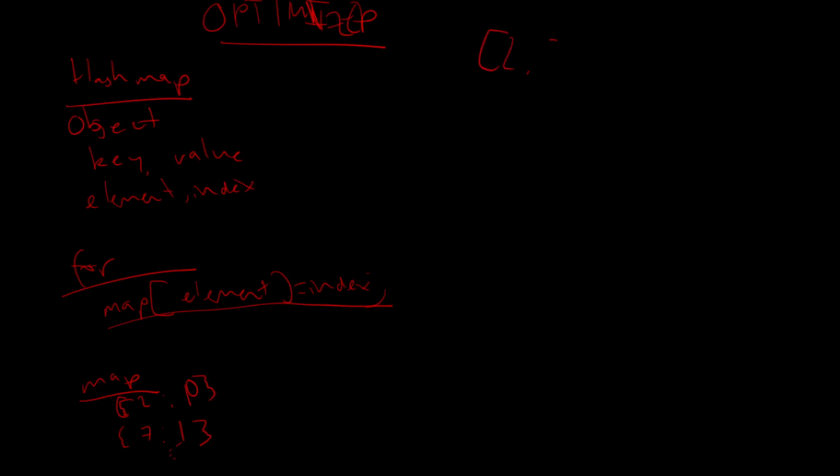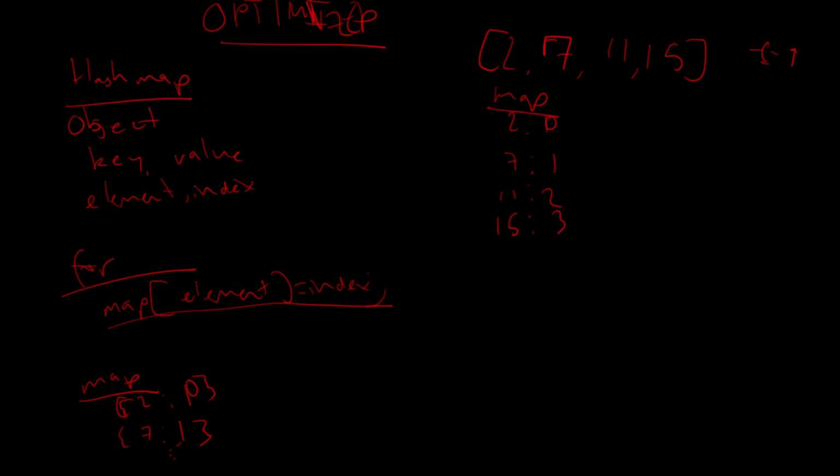So we'll have the case 2, 7, 11, 15 with a target of 9. Then after doing this for loop, we'll have this map with the key value pairs 2 of 0, 7, 1, 11, 2, and 15, 3. So this is what our map is going to look like.